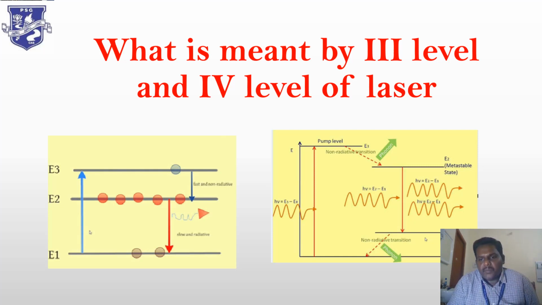The type of active medium we utilize to achieve the laser helps us define what type of laser it is. It has many types like gas laser, semiconductor laser, solid laser, ion laser, dye laser. There are many kinds of lasers differentiated by the type of active medium utilized to achieve the laser action in the laser cavity.